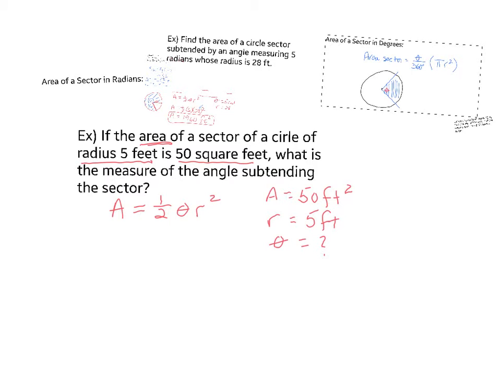So I'm going to plug what I have into my area formula. I have 50 equals 1/2 theta times 5 squared. So I have 50 equals 25 over 2, which maybe you change into a decimal, and that's fine, times theta. That's the 5 squared, which is 25, times 1/2, which gives me 25 over 2.